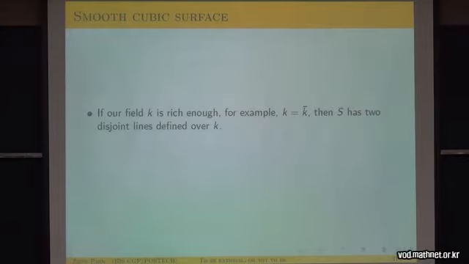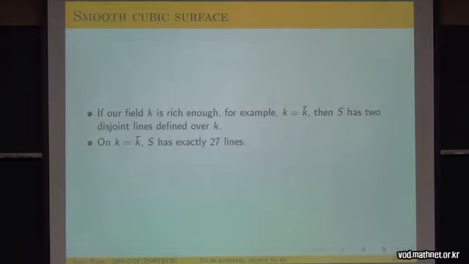lines defined over K. Actually, over an algebraically closed field, S has exactly 27 lines. I'm not saying these 27 lines are all disjoint from each other, but among the 27, you can choose two lines which are disjoint. Okay?